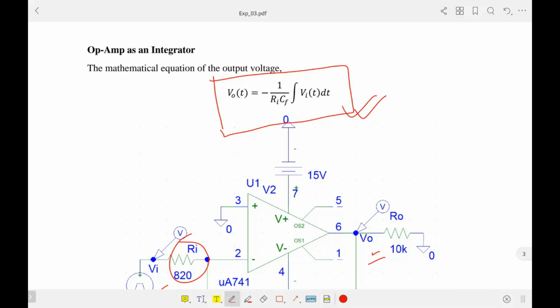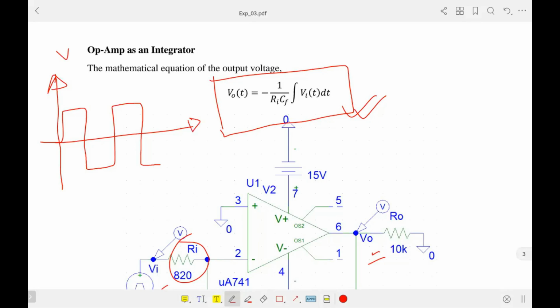Anyway, for this circuit we will generally provide a rectangular pulse. So let's say the rectangular pulse is just like this. What do we mean by integration? I can say if this is the voltage axis and this is the time axis, and if it is 5 volt, let's say, and this is minus 5 volt.